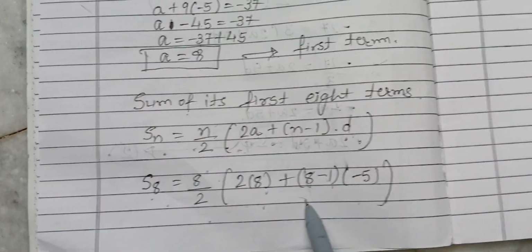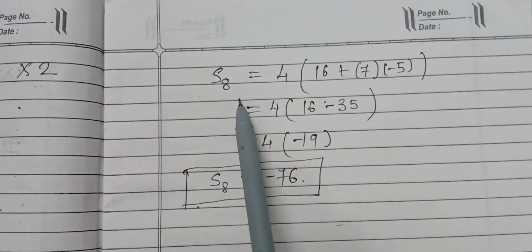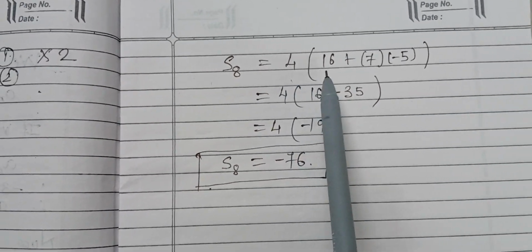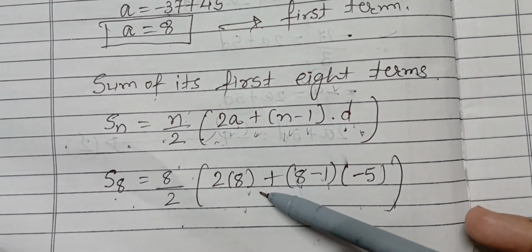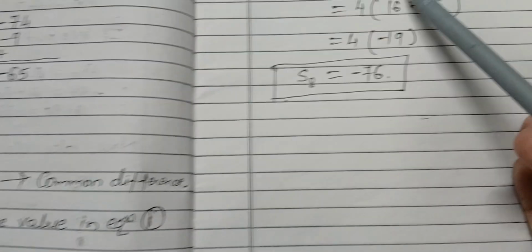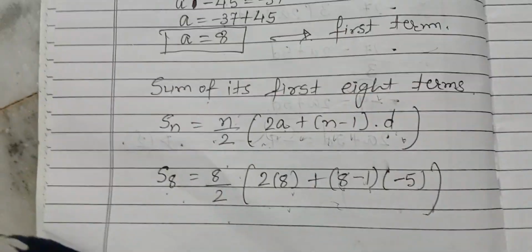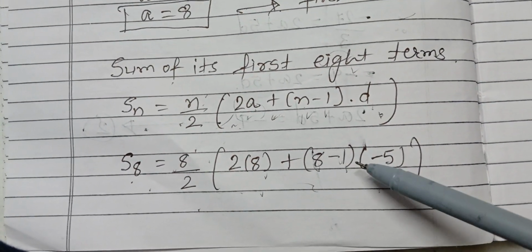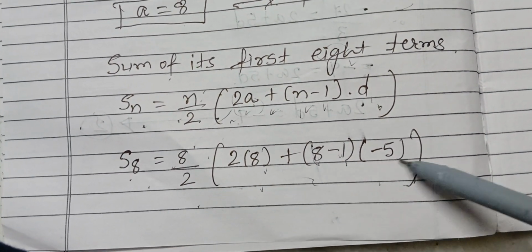Now solving this, S8 is equal to 4. 2 8s are 16, so we keep 16 plus 8 minus 1 is 7, and we want to multiply 7 with the minus 5.